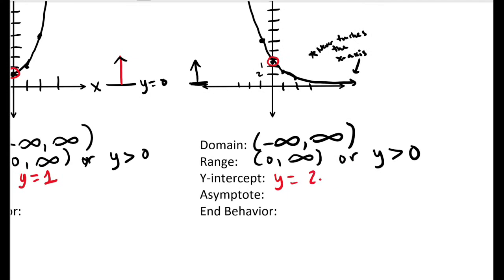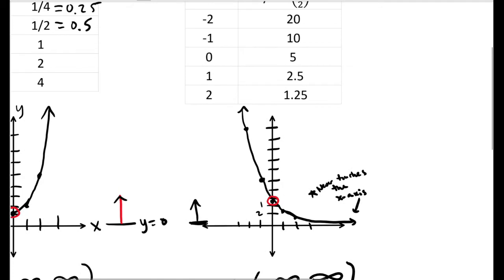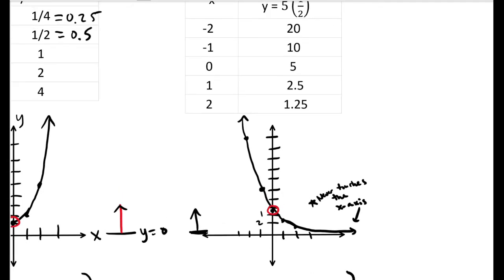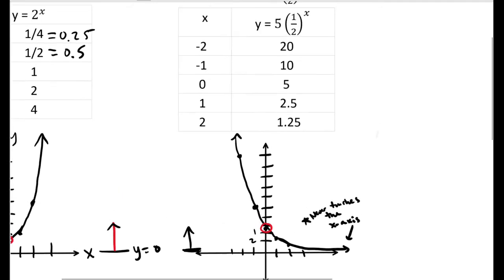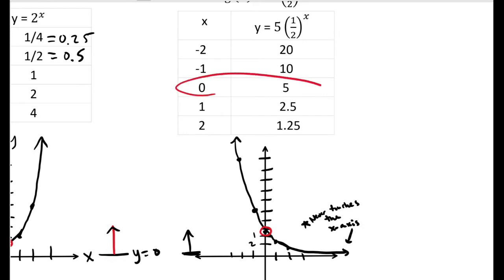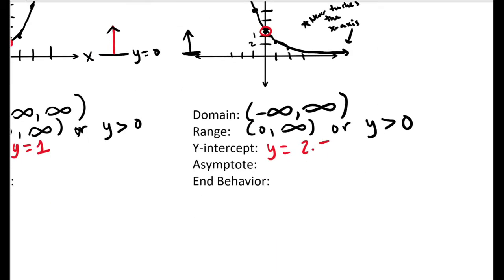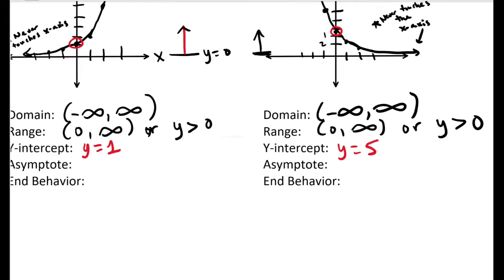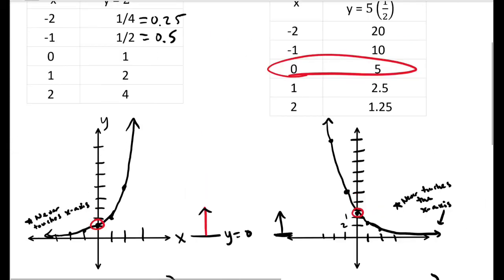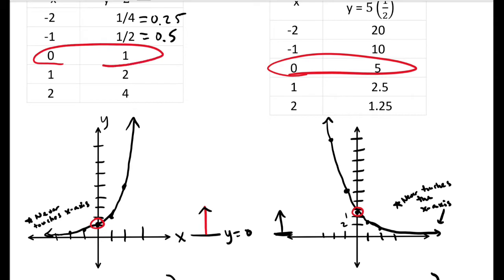So it's going to be 2.5, and that's because of this. Actually, it's not even that. I apologize. It's this right here, 0, 5. I messed that up a couple times. So y equals 5. And then for this one, the left side, y equals 1, because if you look at the coordinates, that's when x is 0, when y is 1. So this is the y-intercept here.